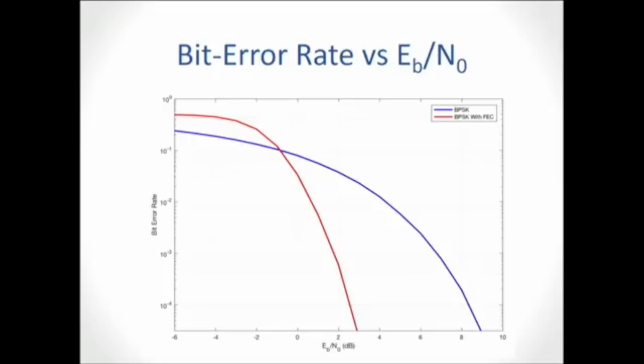So the blue line shows our binary phase shift keying modulation and demodulation with the noise without any error correction, and it performs about as expected. The red line shows binary phase shift keying, but we applied convolutional encoding before modulation for error correction.